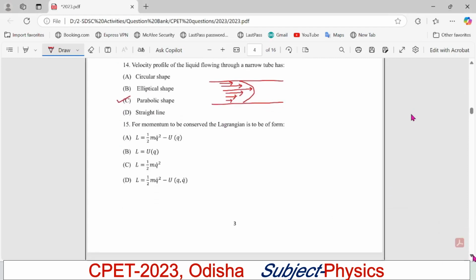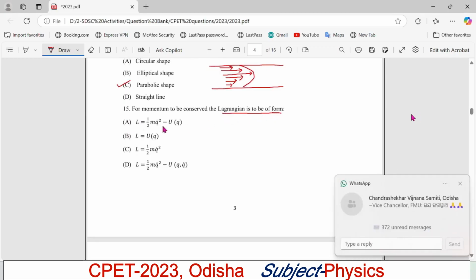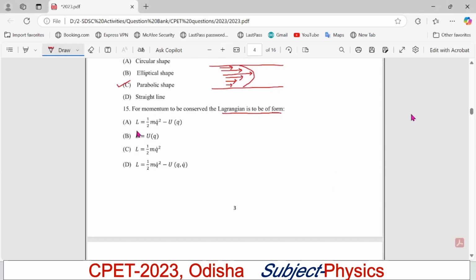Next question, question number 15. For momentum to be conserved, the Lagrangian is to be of form dash. Okay, so here you can see 4 options are given. We know the Lagrangian equation of a system is written like this: d by dt of del L by del x dot minus del L by del x equal to 0, if I am going to consider along x-axis.